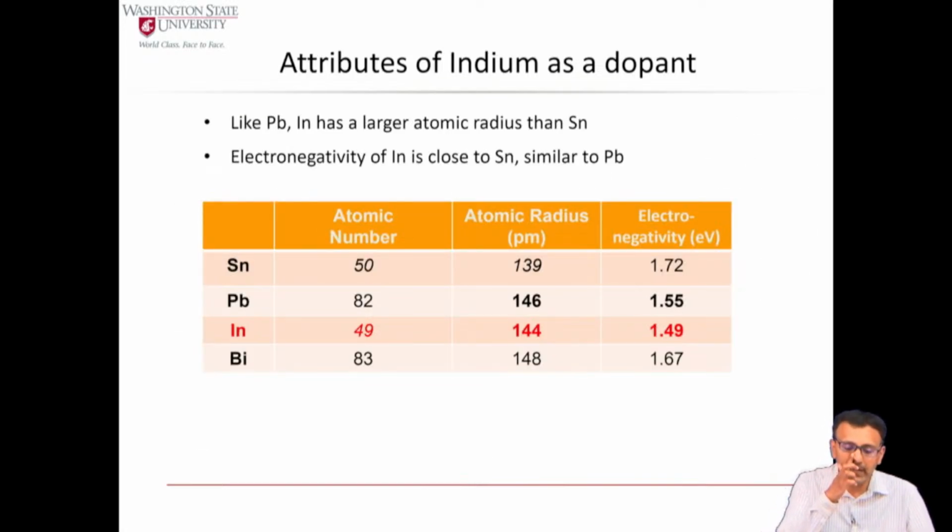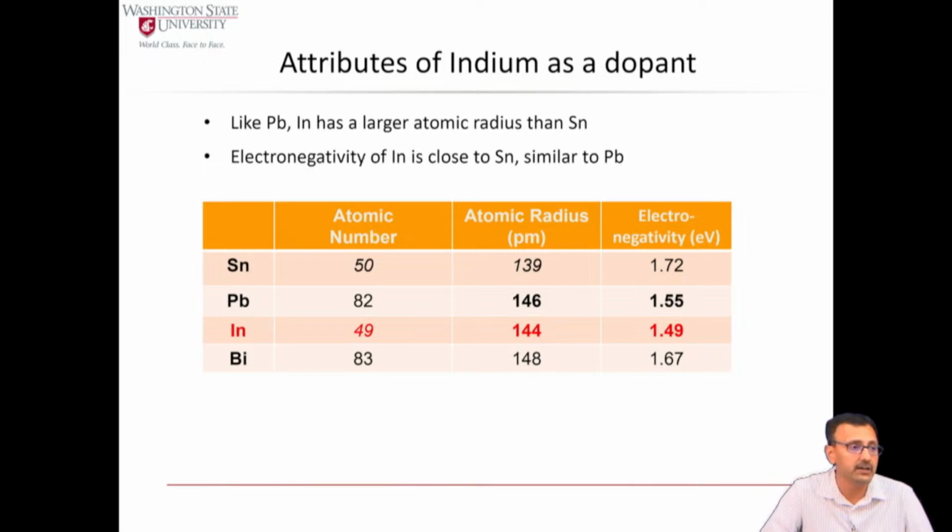So the question is, why indium, and to understand fundamentally what's the mechanism at play that leads to the reduction in whisker growth when you add these atoms. Indium has about the same atomic number as tin, so that's a good thing, and it has an atomic radius that is comparable to lead, so probably it's a good substitute for lead.